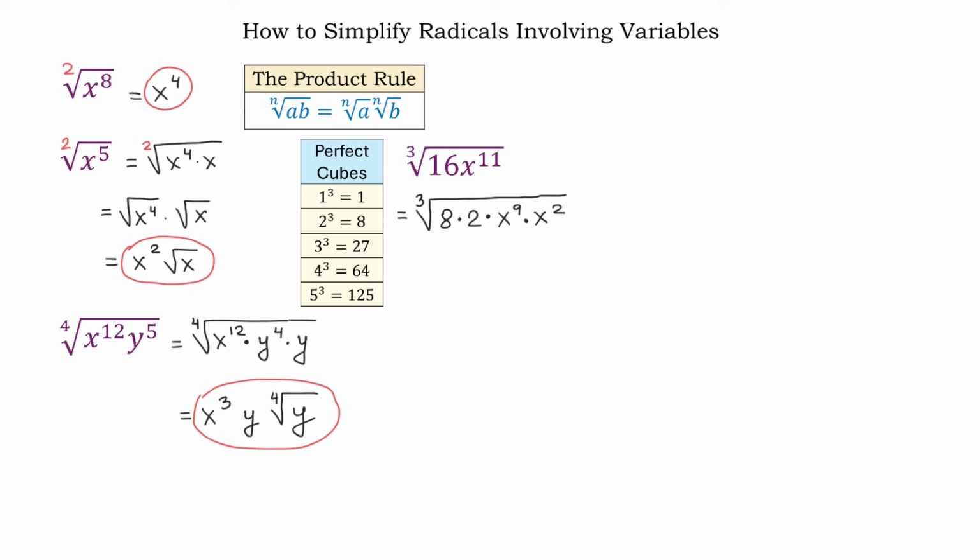And now in this expression, we will be able to take the cube root of 8, and that will be 2. Then the cube root of x to the 9th power will be x to the 3rd power, because 9 divided by 3 is 3. And then this 2 and this x squared will remain inside the radical.